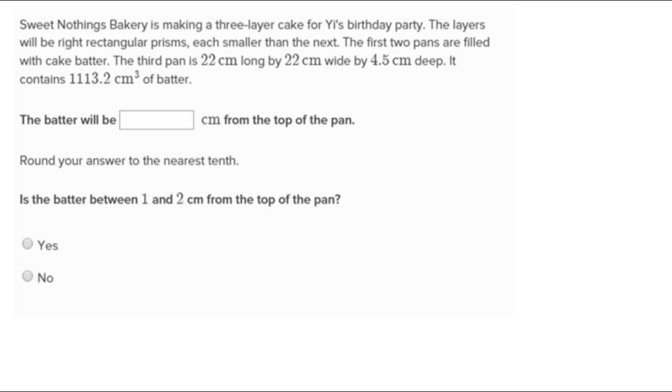It says the batter will be blank centimeters from the top of the pan. So to do this problem, we have to go pan height minus the batter height.